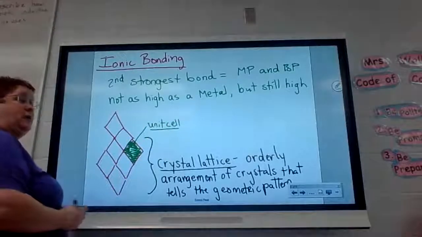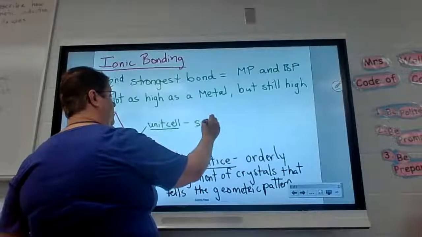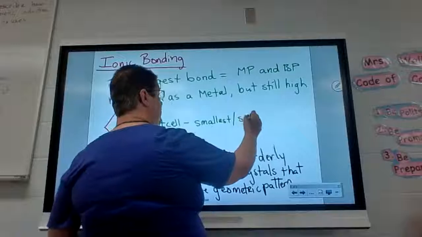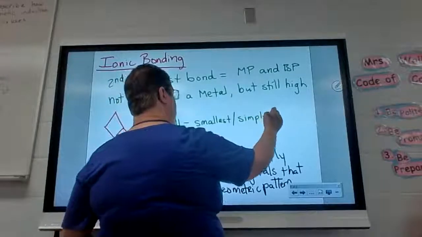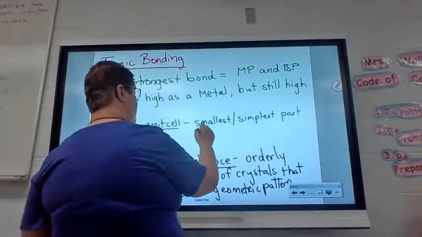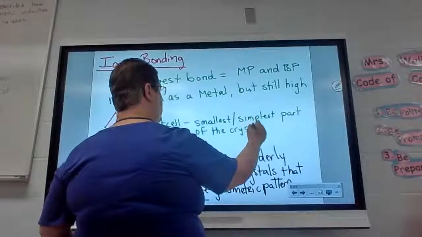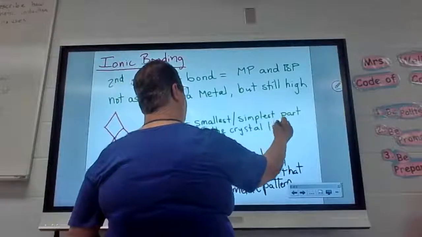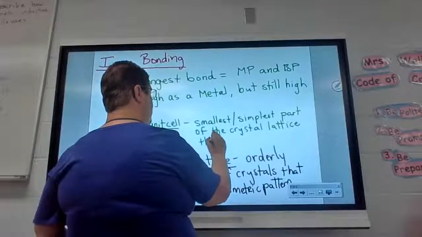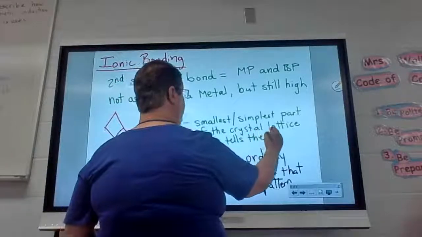All right, a unit cell is the smallest or simplest part of the crystal lattice that tells the pattern.